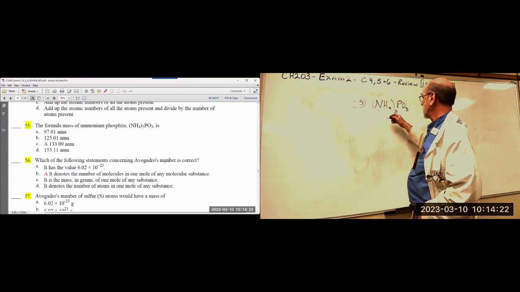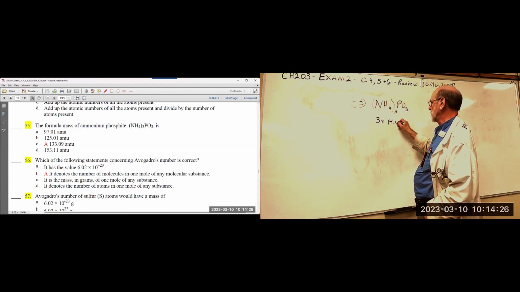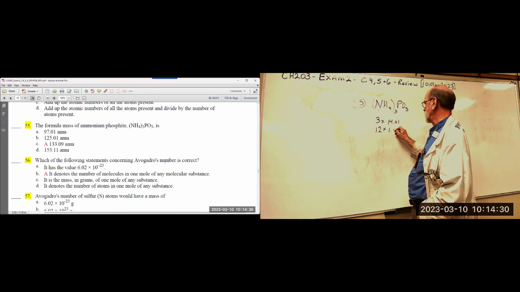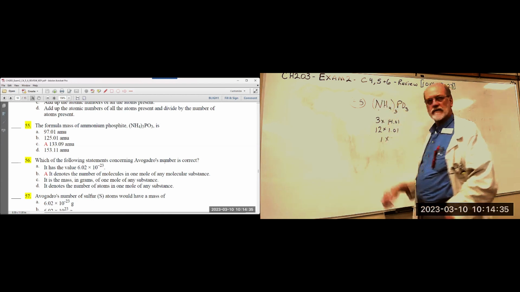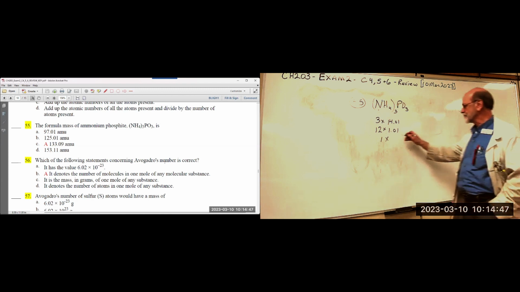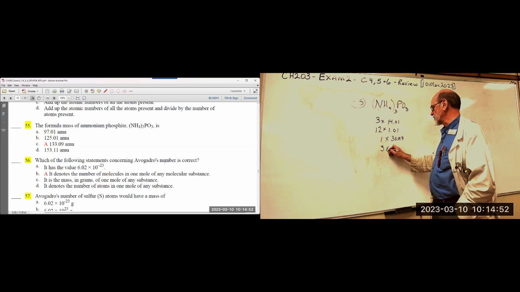We have 12 hydrogens. Okay, that takes care of that. 1 phosphorus, which is 30.97, and 3 oxygens.